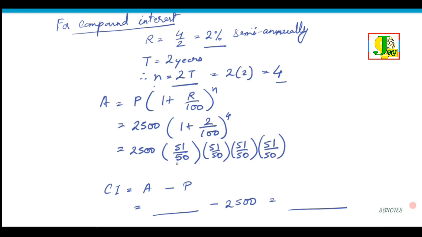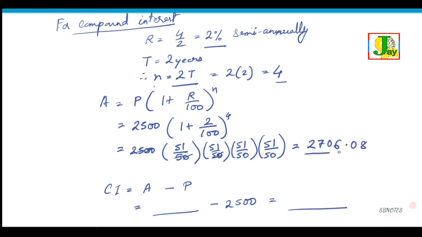Okay, now you can cancel 2 zeros and 25, 5 into 5, 25. Okay, 51 4 times multiplied, divided by 2,500. So what you get is 2706.08.